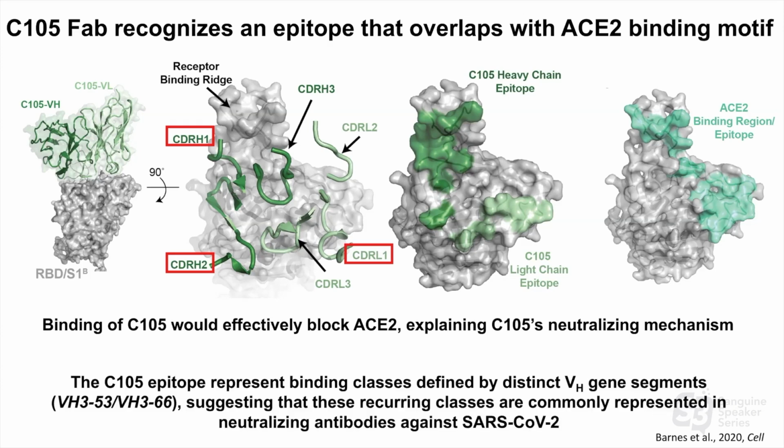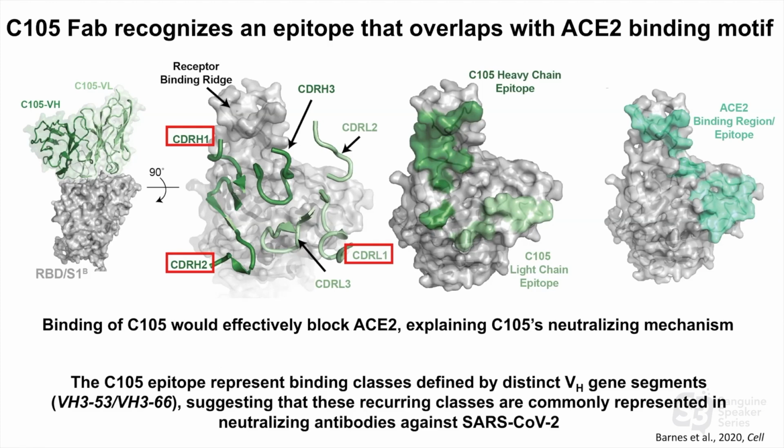Okay, so this epitope, it turns out, represents a binding class that is encoded by a germline V gene segment called VH3-53. It can also be encoded by something that's really similar to that called VH3-66. And this is a recurring class that Michel Nussenzweig's lab found in many of their donors, not just one.